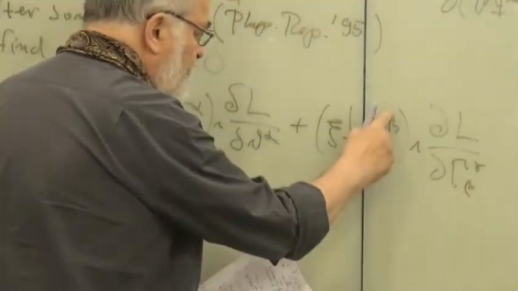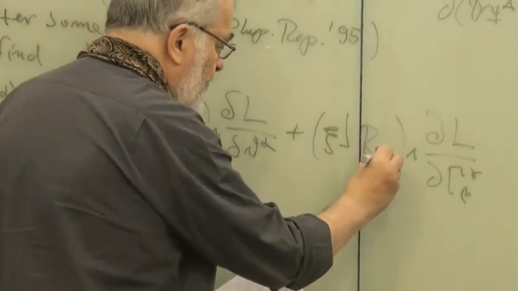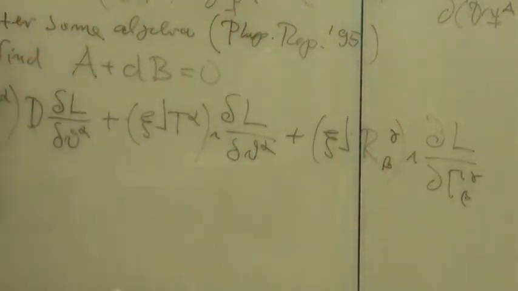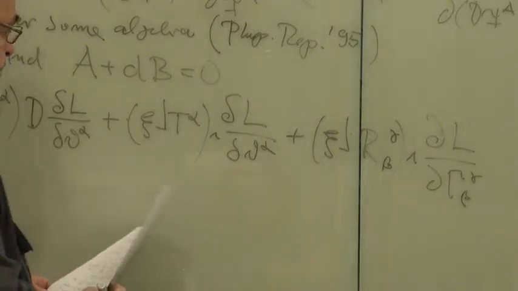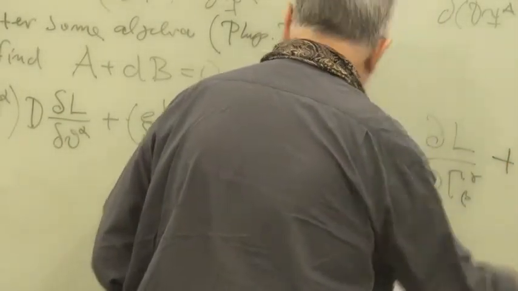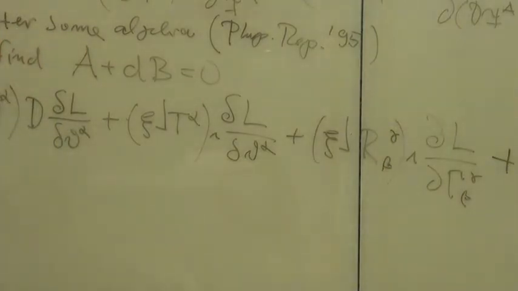I'm sorry, this is R beta gamma, of course. And the corresponding terms for the psi's, which I don't write out.